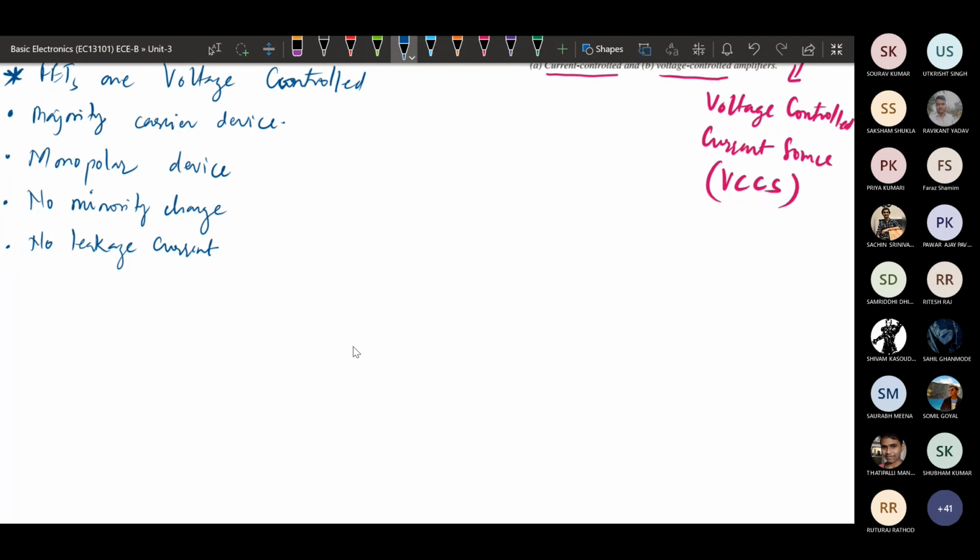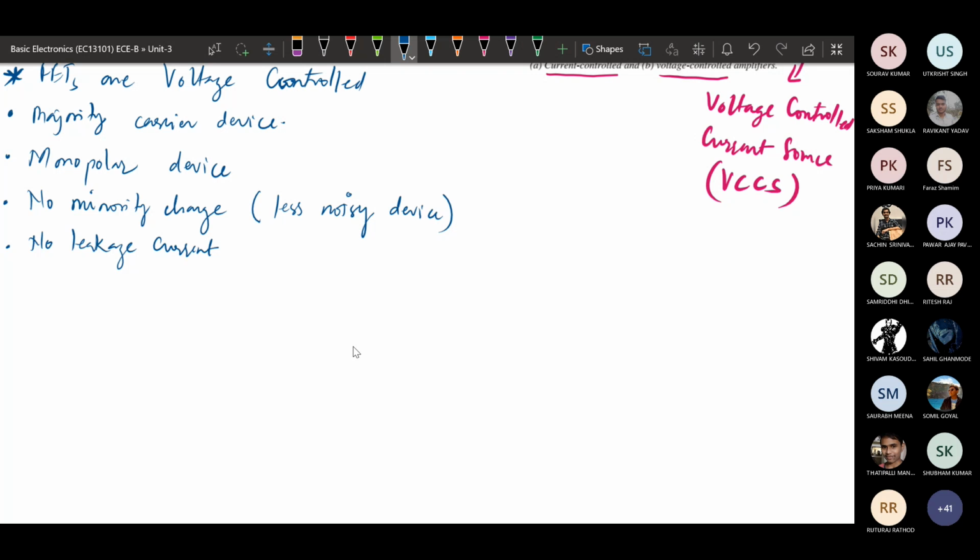Also, as there is no minority charge carrier, FETs will be less noisy devices.